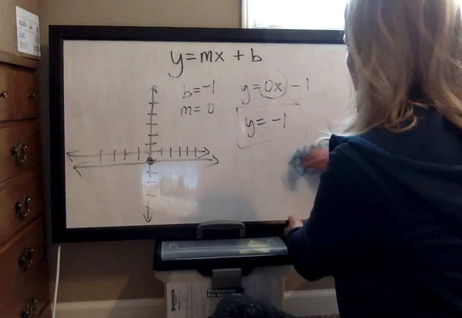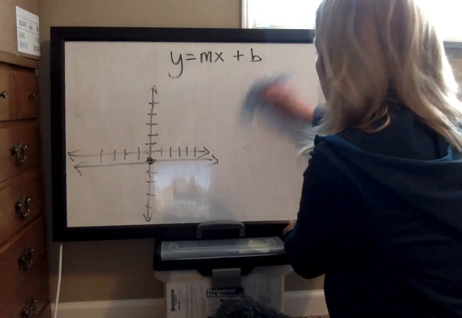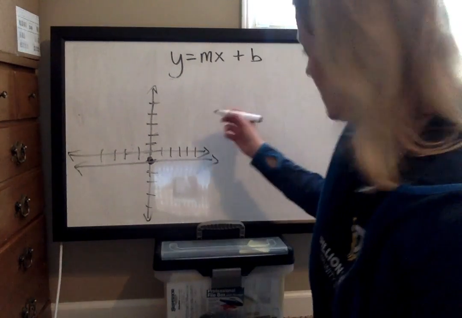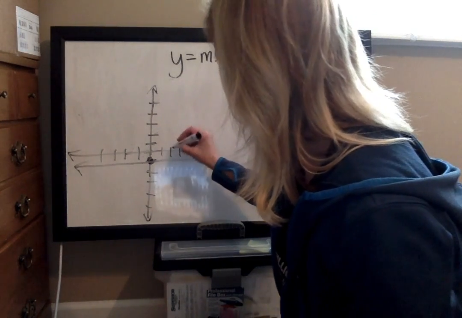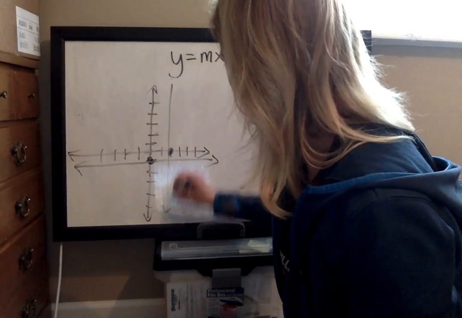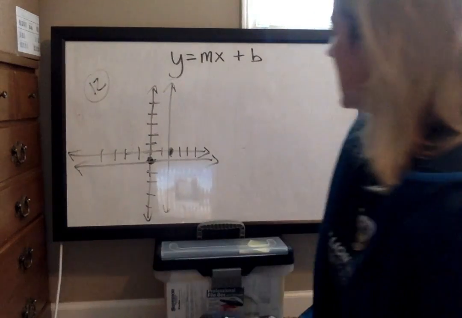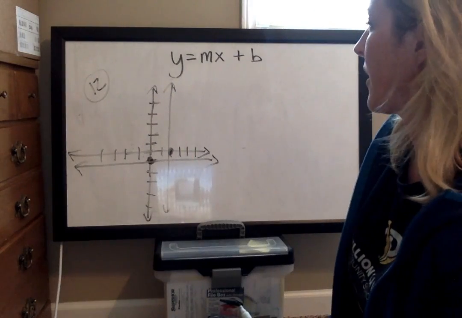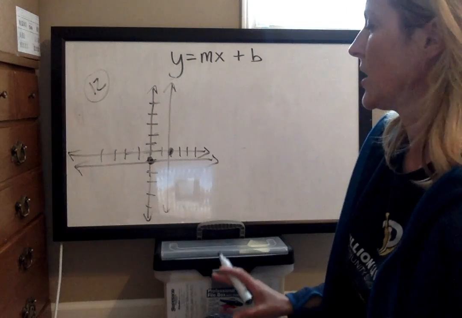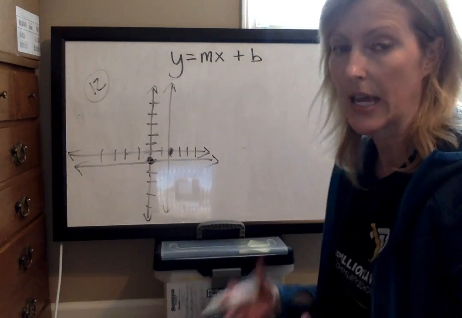Okay. All right, and last one, you guys. Last but not least, you have a vertical line going through the x-axis here at 2. This is number 12. If you remember, a vertical line doesn't have a slope.